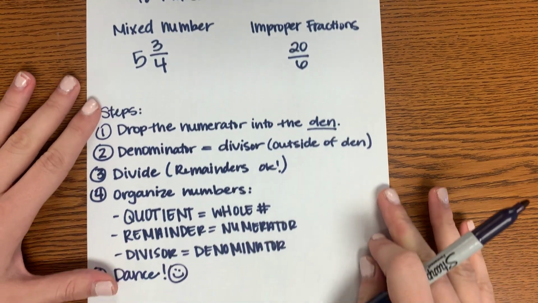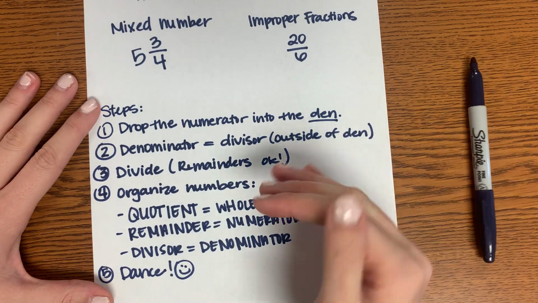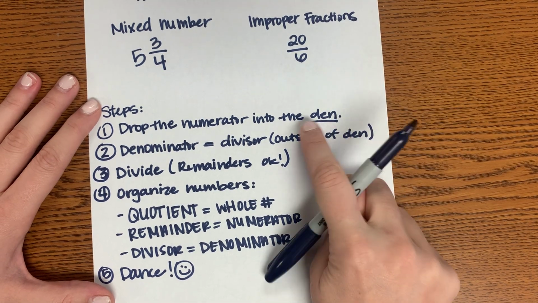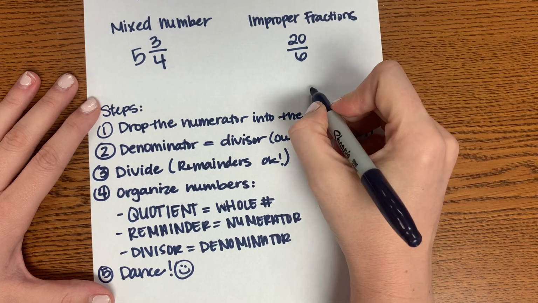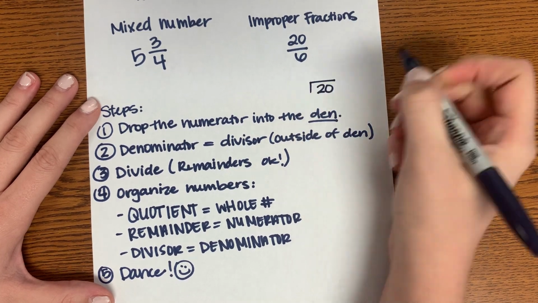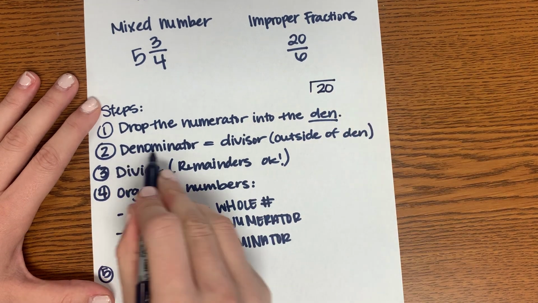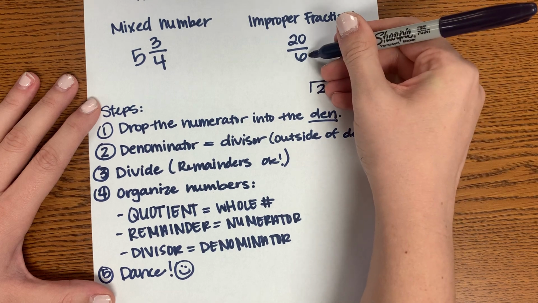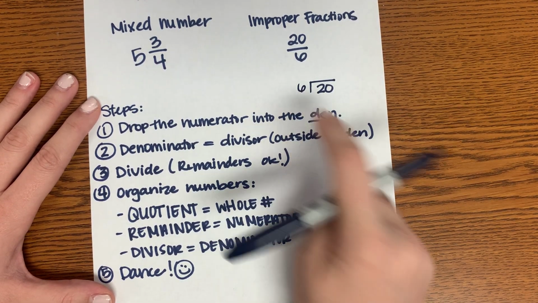Well, we're going to follow these steps right here. Step 1, like I told you in class, we're taking the top and dropping it into the den. It's the dividend, okay? The denominator is our divisor, the number on the outside of the den.